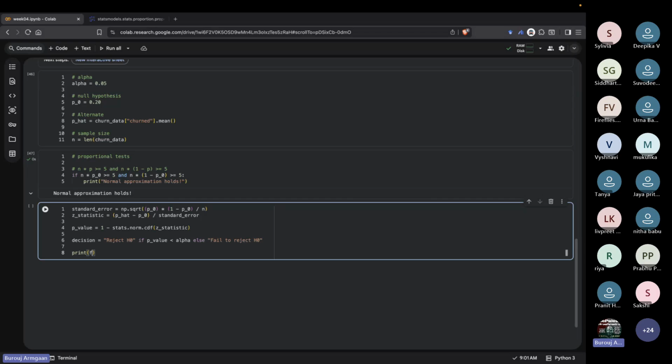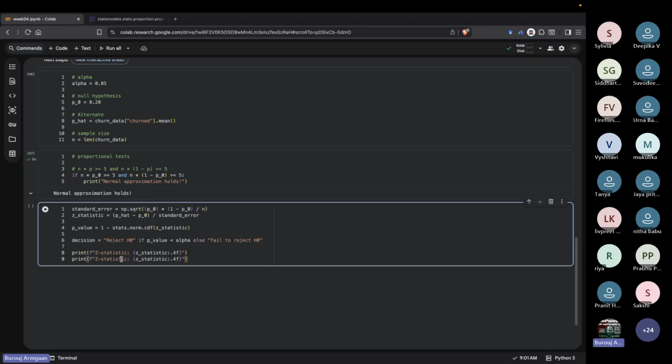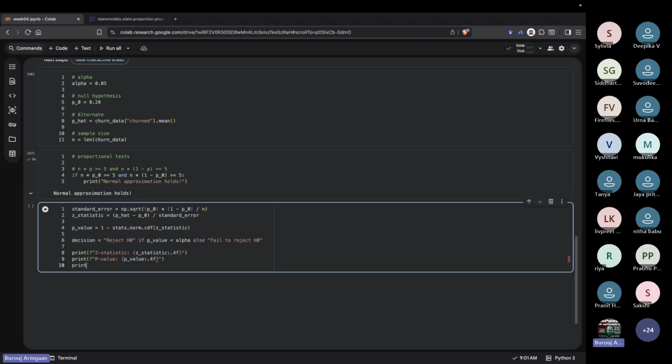We can say that my z statistic came out to be this much. My p-value came out this much. My alpha is known, so what is my decision?